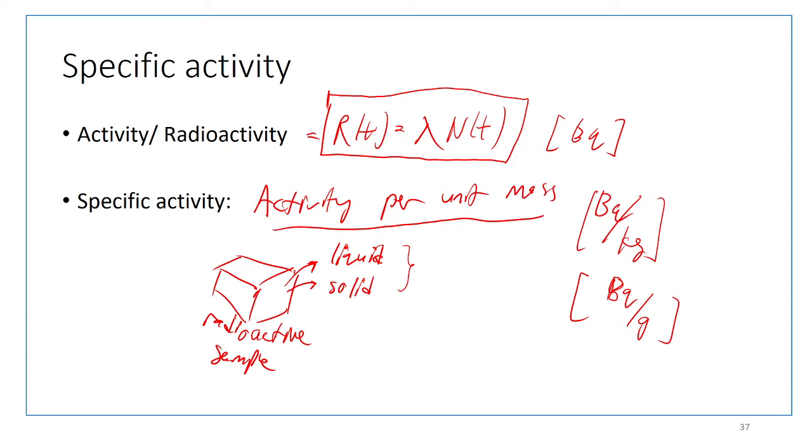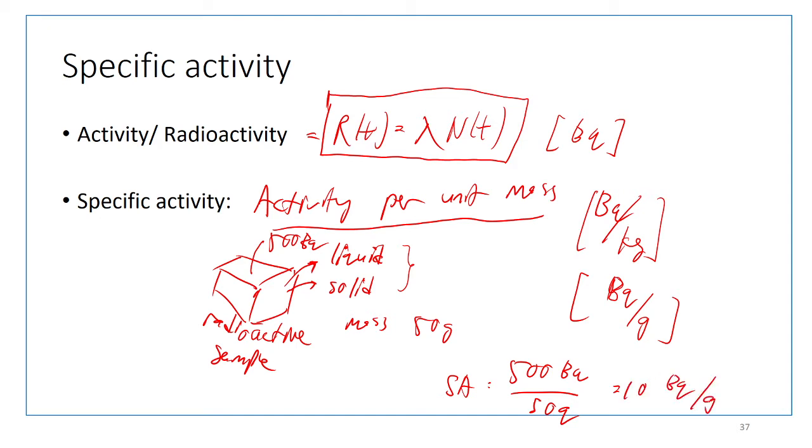Okay, so if this is your radioactive sample, let's say it has 500 becquerel, and mass is let's say 50 gram. So the specific activity is 500 becquerel over 50 gram, so it is 10 becquerel per gram.